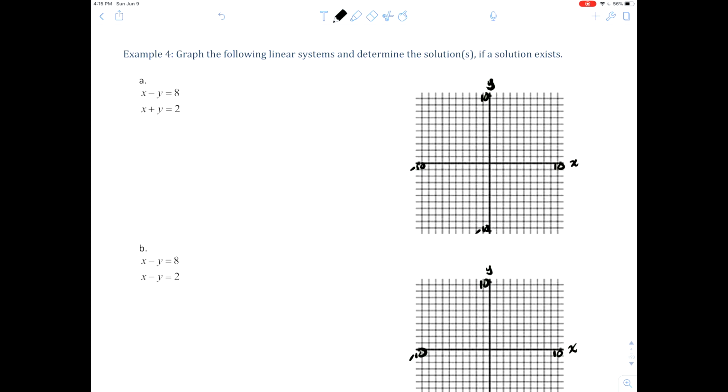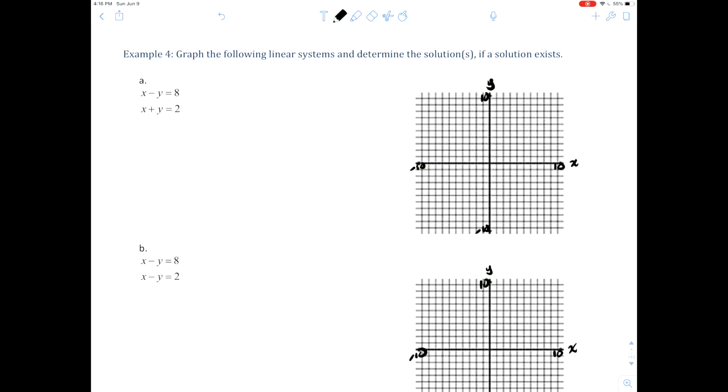So on these, if we graph them first, I've got these two equations for part A. Remember, there are different ways of graphing. You can pick two ordered pairs, you can find the zeros, whatever you want to do. I'll just find the zeros.